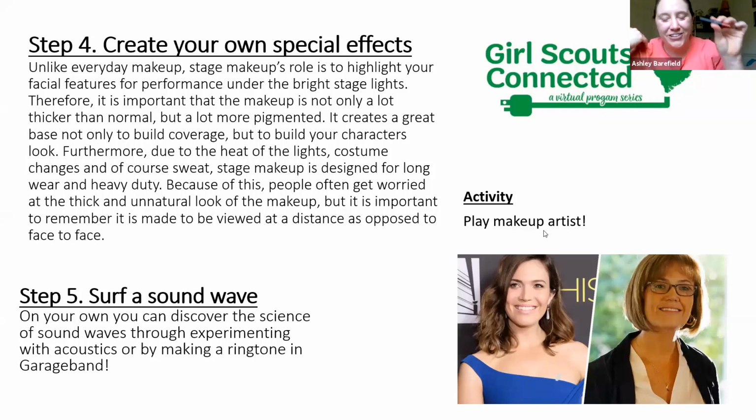You don't have to do this right now, and I'm going to kind of doll myself up. But this is step 4, where if you were in a troupe setting, you could bring in a professional makeup artist and they can teach you about stage makeup, which I'm not a professional stage makeup artist in any way, shape, or form. So this is what I came up with. I hope you like it.